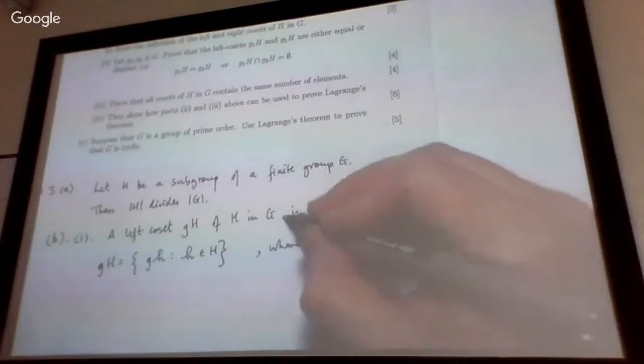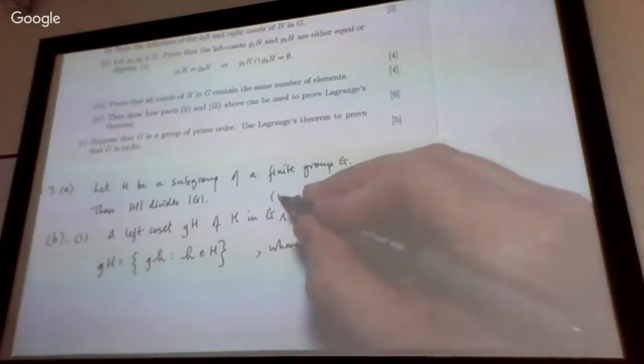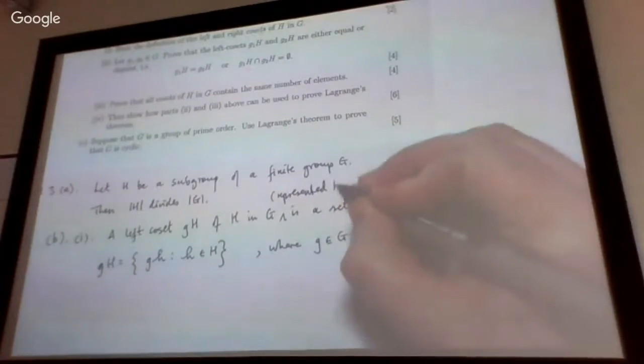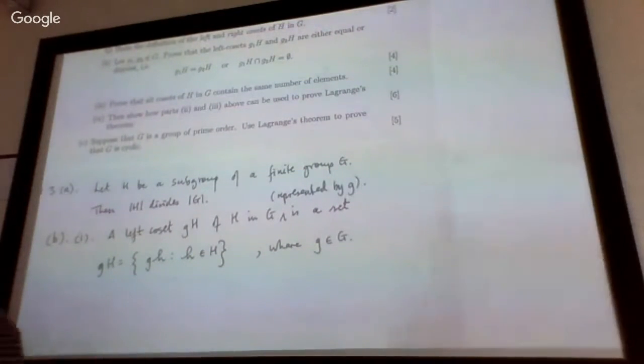Representative fits in with the general terminology of equivalence. Does everyone agree that's a good definition of left coset?